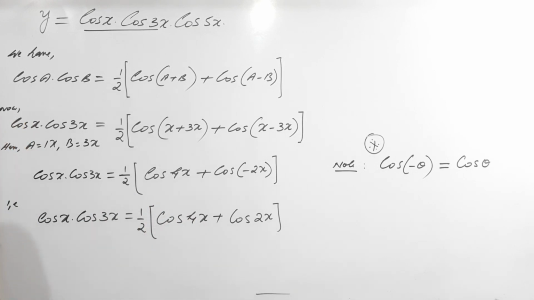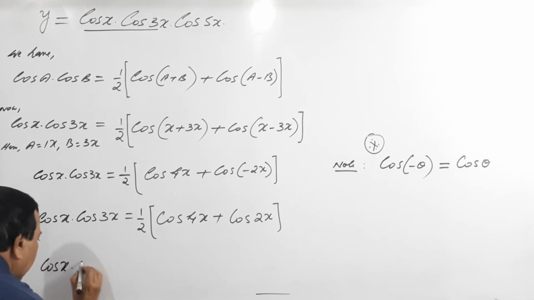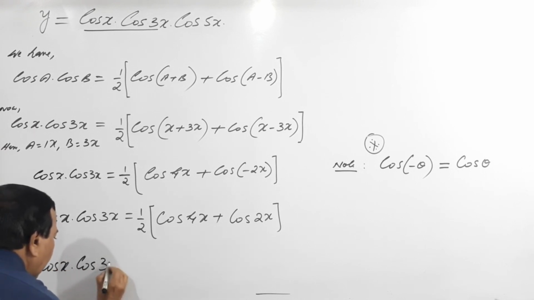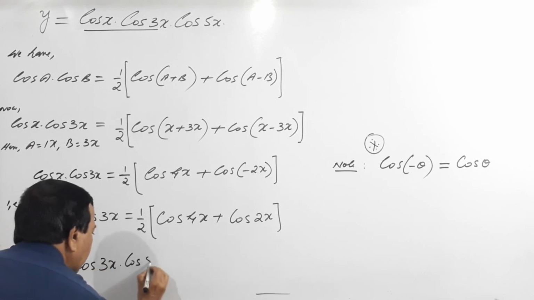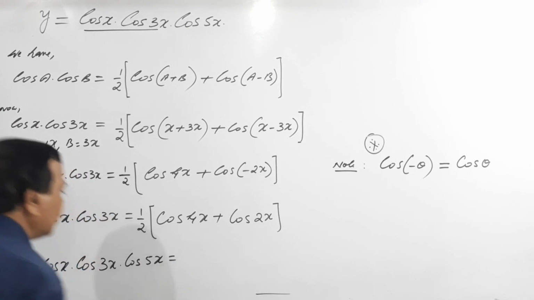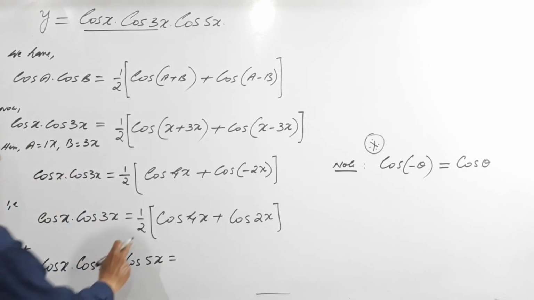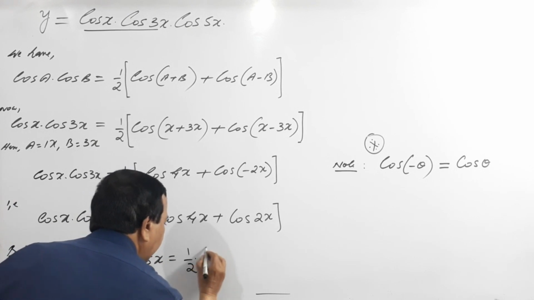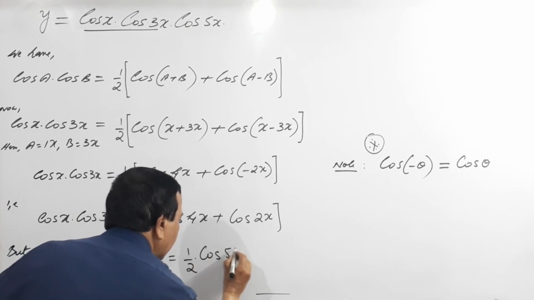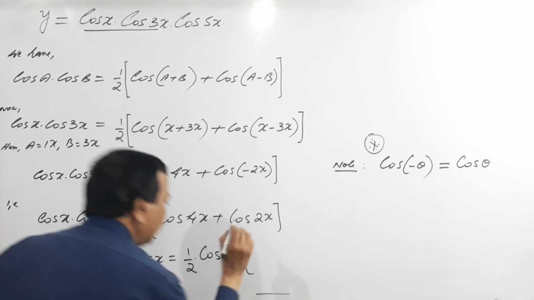So, cos x into cos 3x into cos 5x equals, I will write this half as it is, into cos 5x.